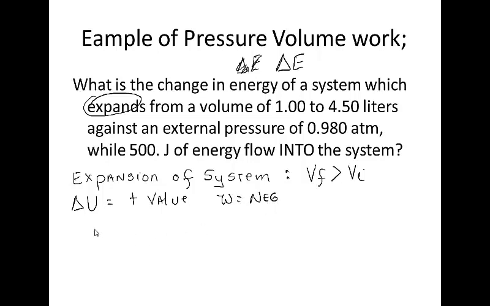So I'm going to calculate work first. Work is equal to negative P delta V. It gives me 0.980 atmospheres.